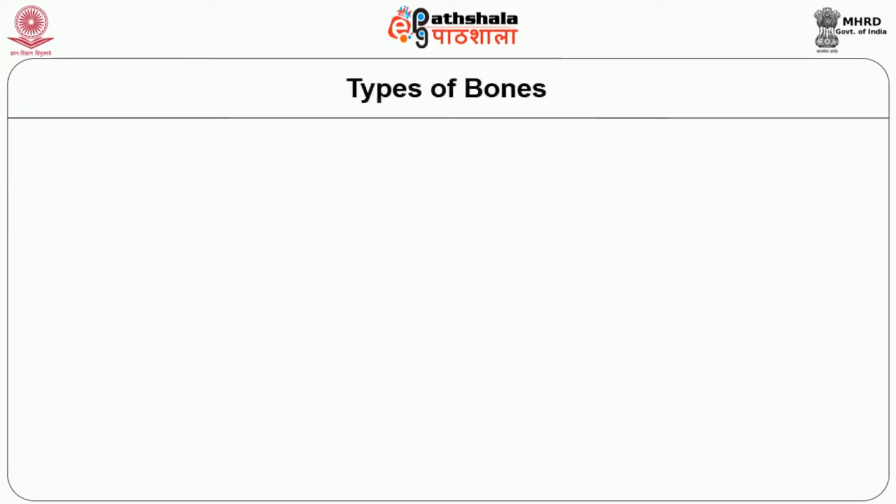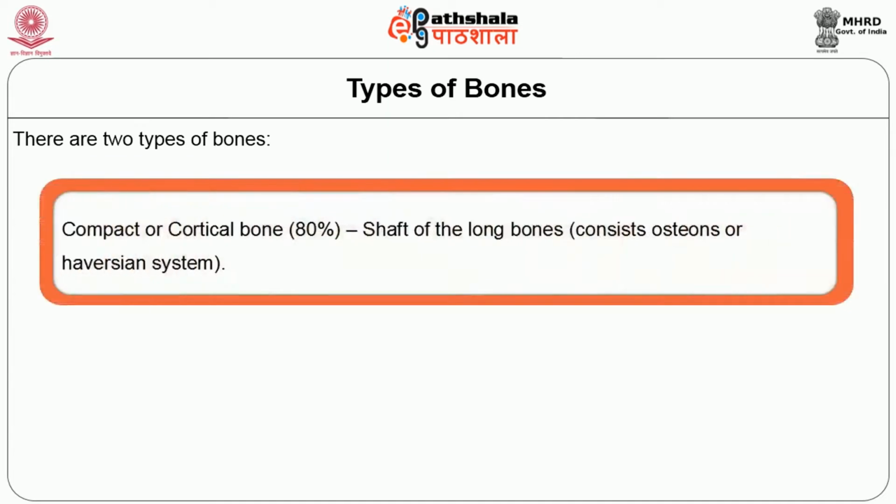Also, you need to understand the types of bones. The two main types of bones: one is the compact or cortical bone, which comprises 80%, where you can see the shaft of long bones, which mainly consist of osteones or Haversian system.